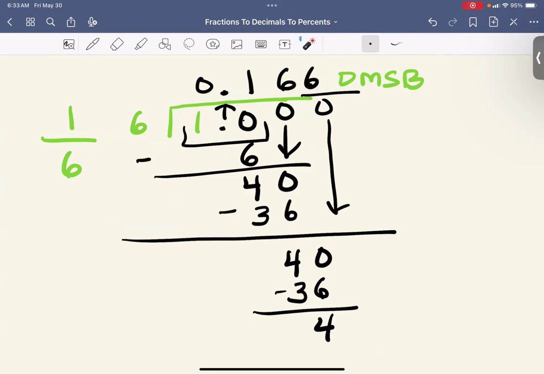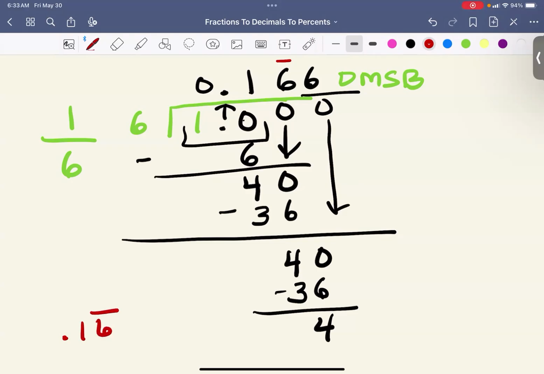So we call this a repeating decimal. So when you get a repeating decimal, you're going to put a little line over the first number in the series of repeating numbers. They're all going to be 6. So the first 6, or if it's a 5, you put it over a 5. And that's our answer.